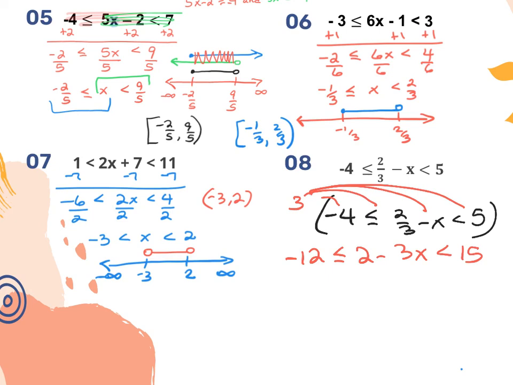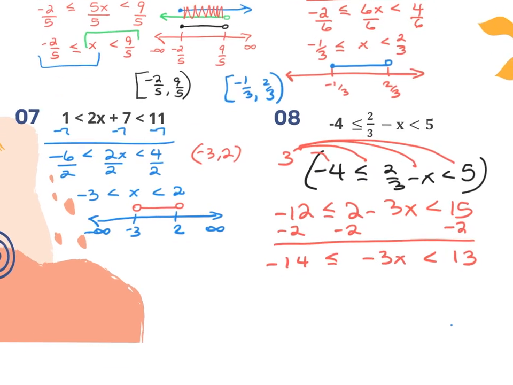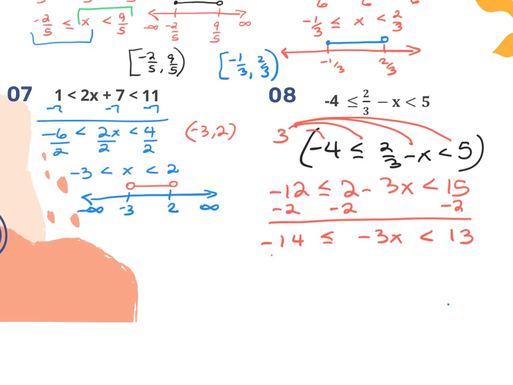Now I can begin isolating my variable. So I'm going to get rid of the 2 first. -14 is less than or equal to -3x, which is less than 13. I now need to divide everything by -3.